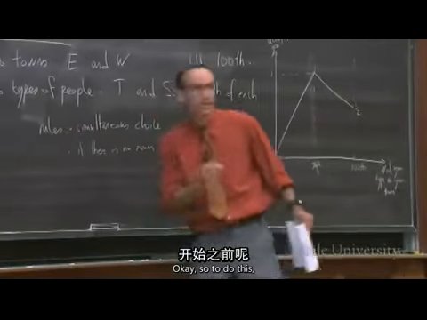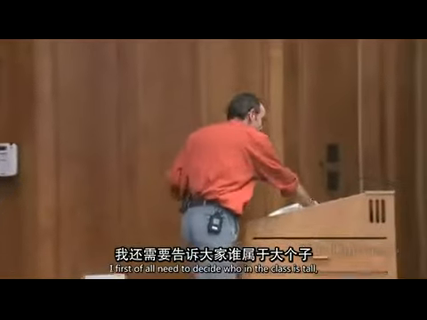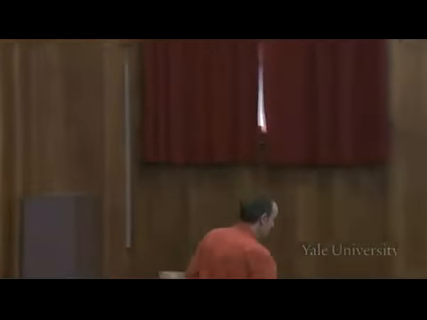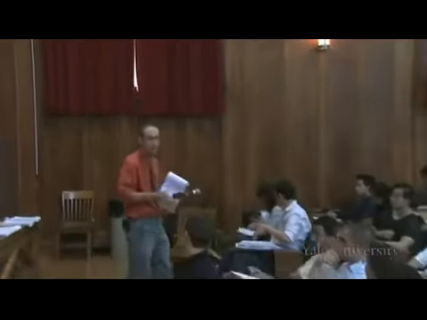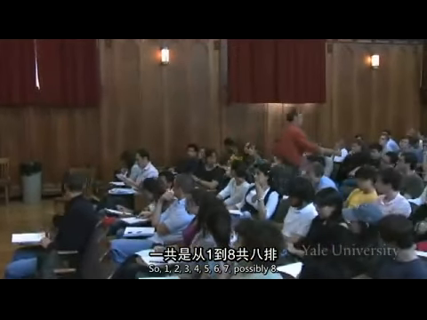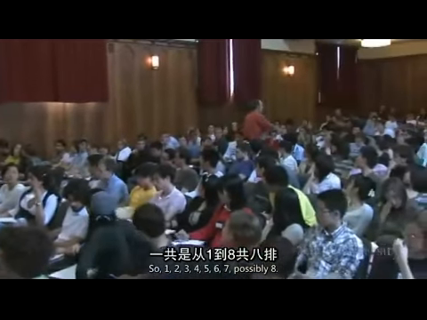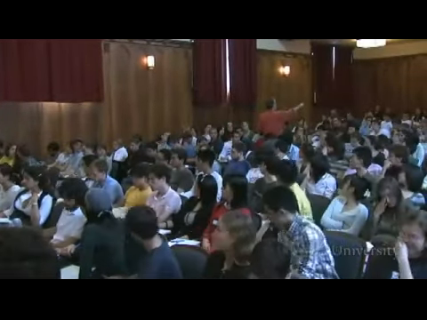Okay, so to do this, I first of all need to decide who in the class is tall and who in the class is short. I'm going to grab that mic again. Let me just count backwards. I guess we'll ignore this row. 1, 2, 3, 4, 5, 6, 7, possibly 8.